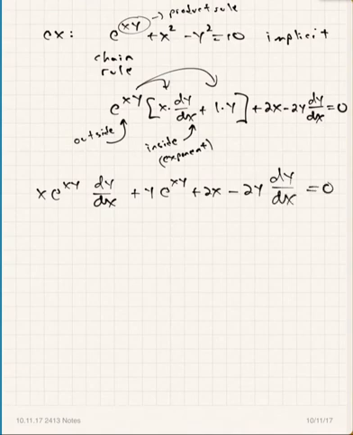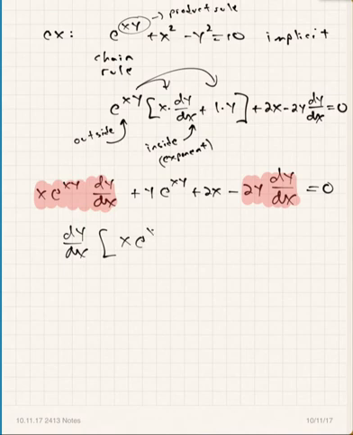So you first multiplied through by e to the xy there because I need to get that dy dx out of the brackets. And then I have two dy dx terms. There's a dy dx term and there's a dy dx term. So I factor that dy dx out of those two terms.